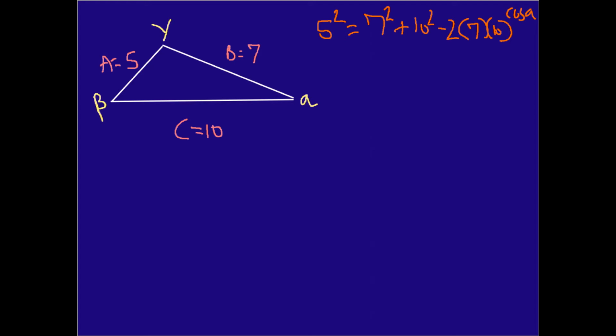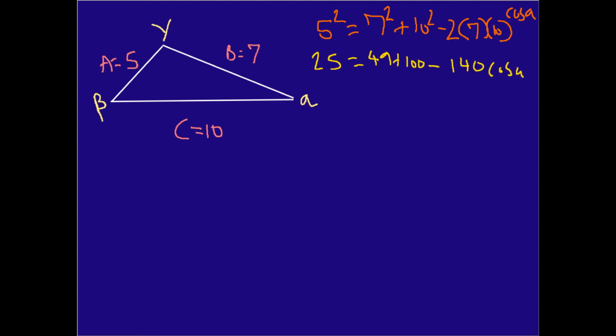Now, if I simplify that, I'm just going to make this as clear as possible. So we know that 5 squared is 25, and then equals 7 squared is 49, plus 10 squared is plus 100, minus 7 times 10 is 70, times 2 is minus 140, and we still don't know cosine of alpha just yet.